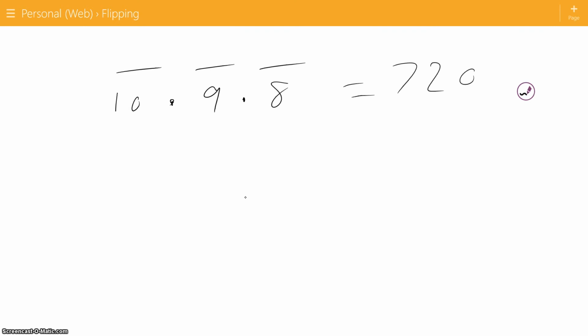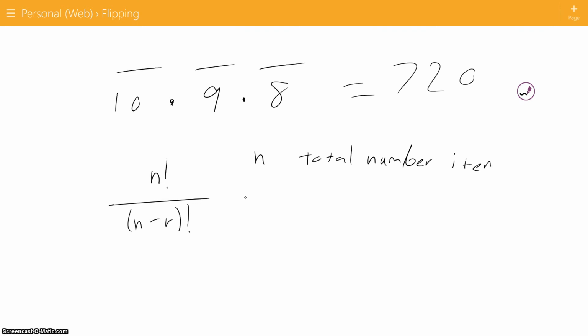So the formula for this would actually be n factorial over n minus r factorial. And n is going to be our total number of objects or items that we're working with.